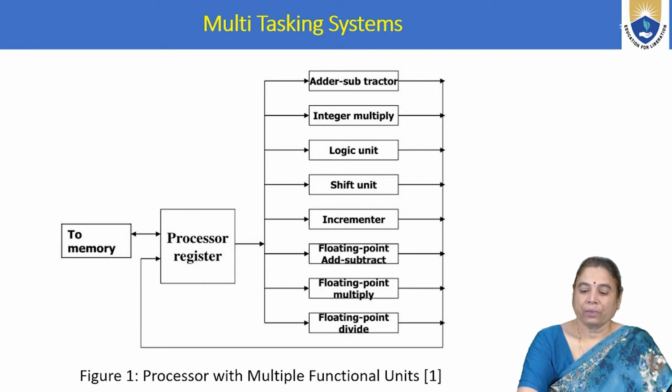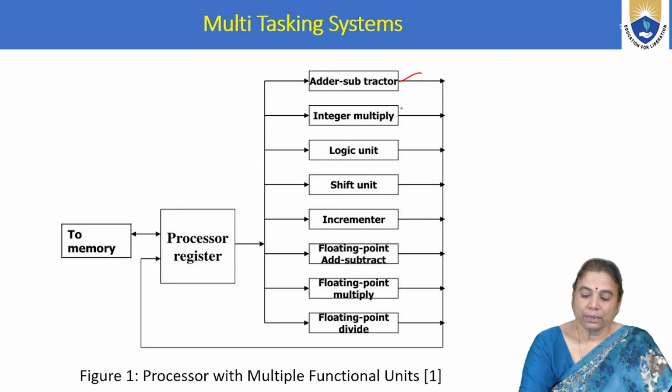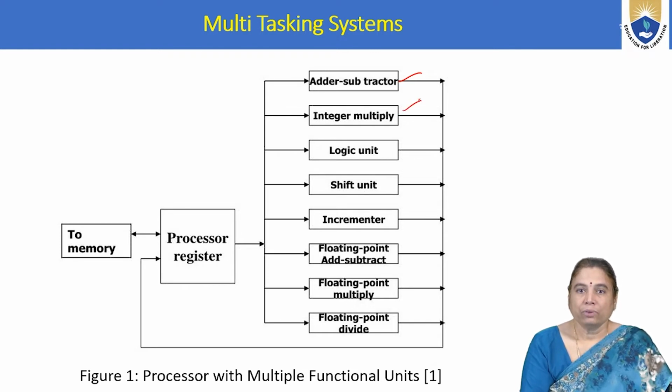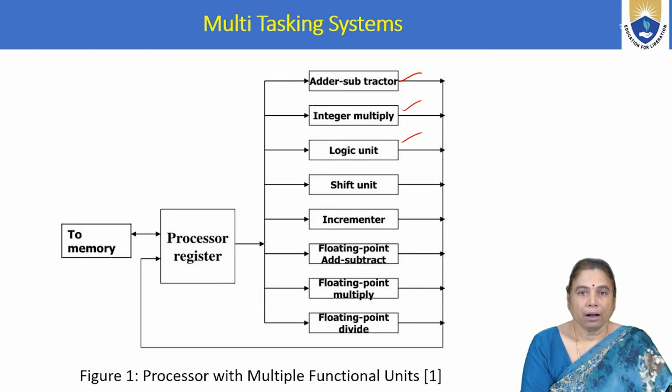Here the adder subtractor is one single unit which can perform integer addition and subtraction. The next unit is the integer multiply, which is used to perform integer multiplication. Next, the logic unit is used to perform various logical operations like AND, OR, exclusive OR, etc. Next is the shift unit.